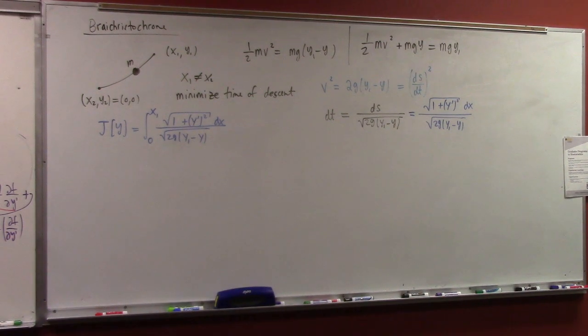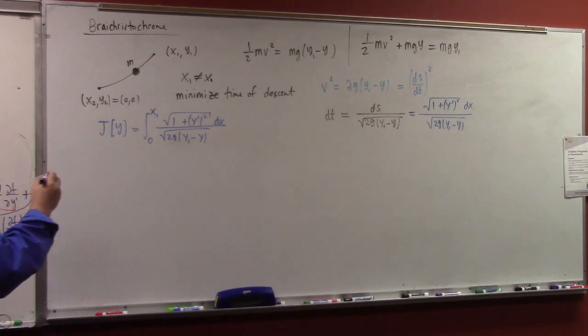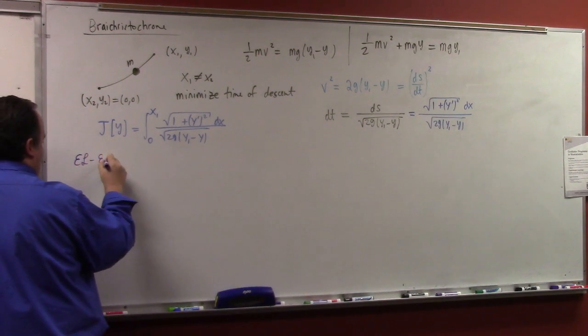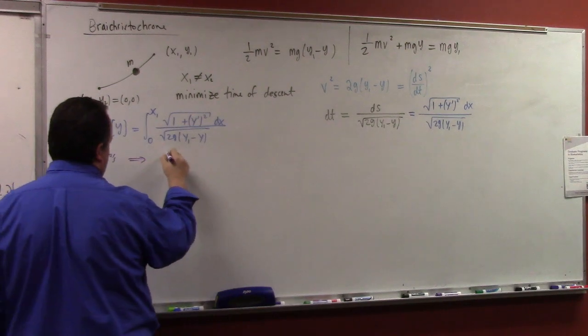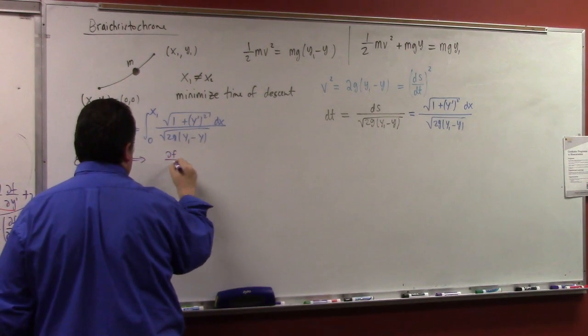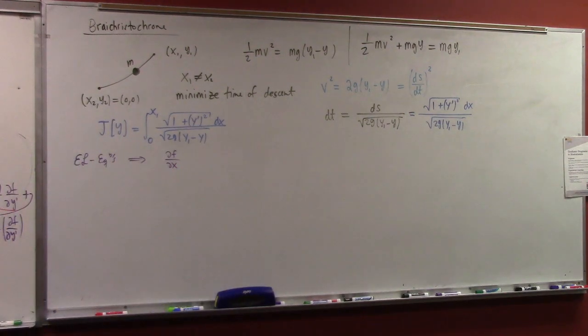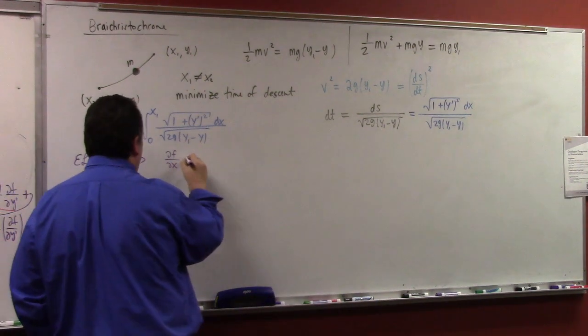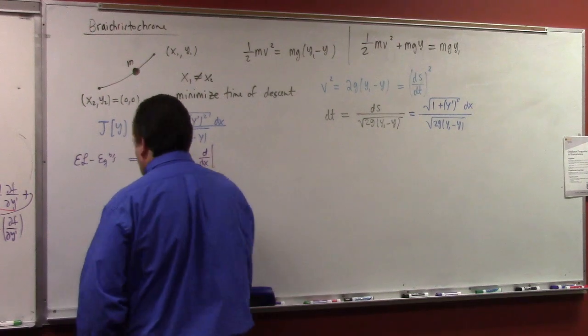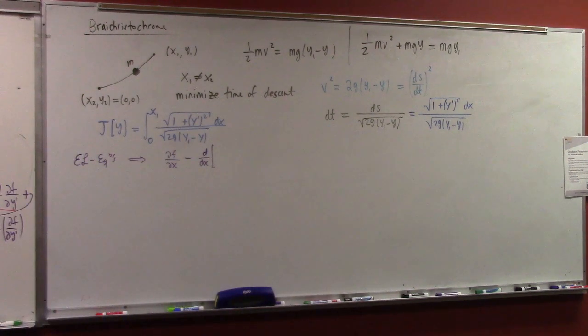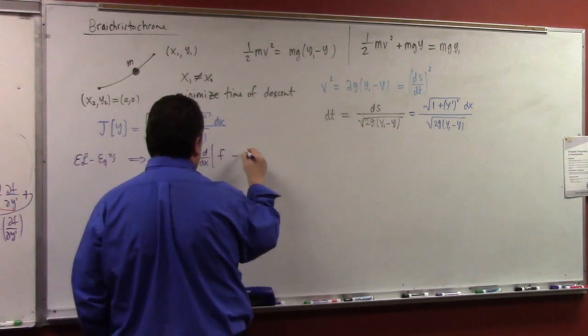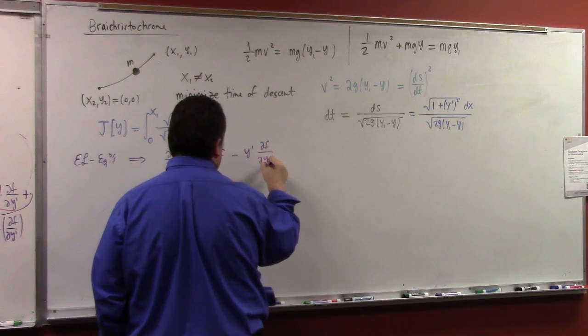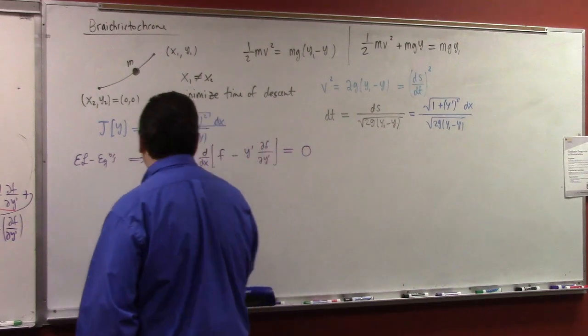I forget the details at the moment, but you can prove that the Euler-Lagrange equations imply that partial f partial x is minus d/dx of (f minus y prime partial f partial y prime), and that's all equal to 0.